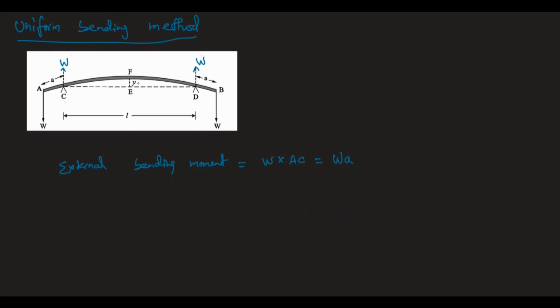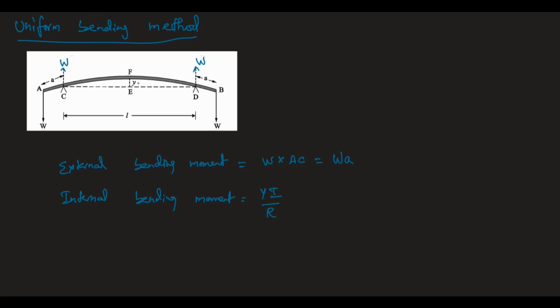Okay. Now the internal bending moment. The internal bending moment we have found for a beam, how it bends, and we get the value as YI by R. So if you make some radius of curvature for the bending, then the radius of curvature is R, Y is Young's modulus. We have already seen Y is Young's modulus, I is the geometric moment of inertia, and R is the radius.